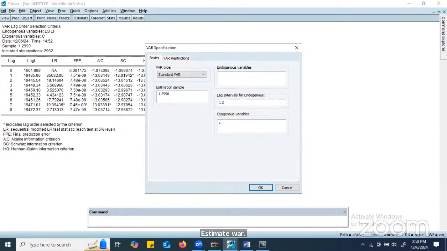What are the variables? First difference data. So D of LS, yes, you are right. D of LS, space, D of LF.